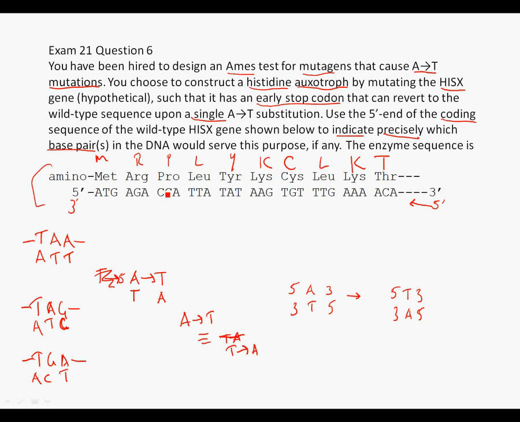If there's a mutation in the top strand, the shown strand, that's equivalent to the converse mutation in the other strand.